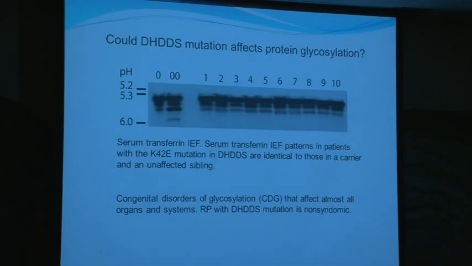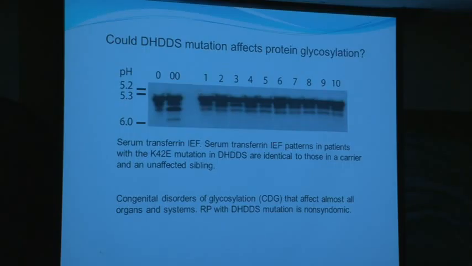Glycosylation is not new. We know there's a kind of disease called CDG, congenital disorder of glycosylation. That's well known. And the best test for that is to test the serum transferrin IEF pattern.